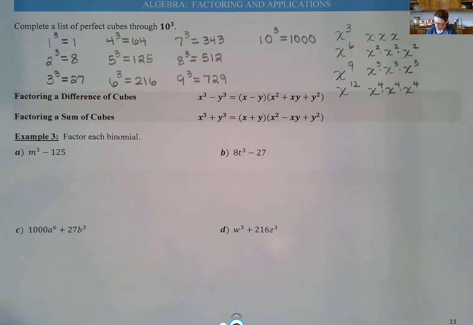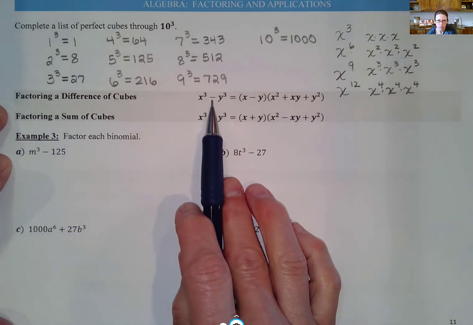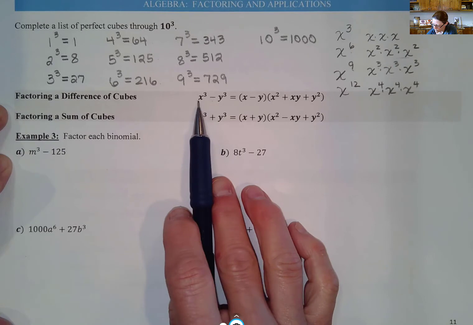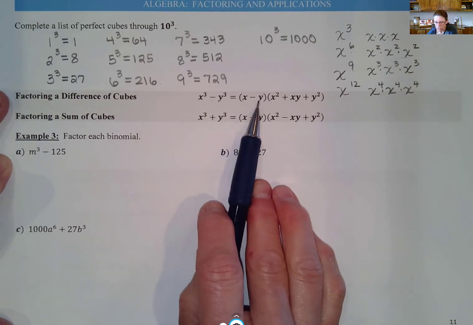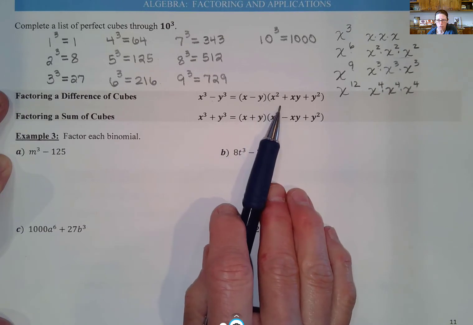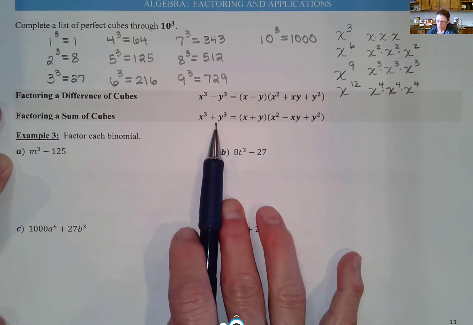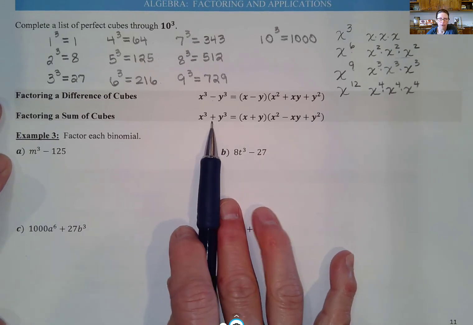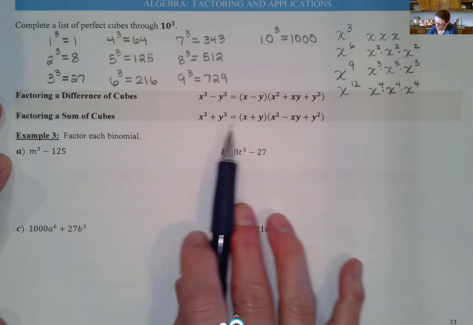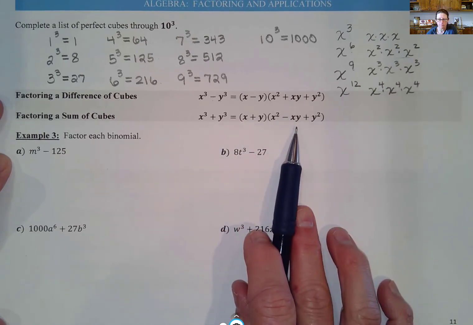Let's proceed. When factoring a difference, okay, minus sign, of cubes, that factorization is x minus y times x squared plus xy plus y squared. Our factoring formula for factoring a sum of cubes looks almost the same as factoring a difference of cubes, doesn't it?